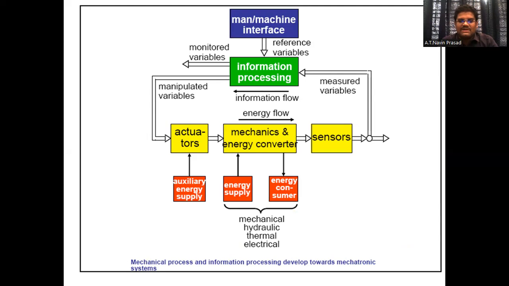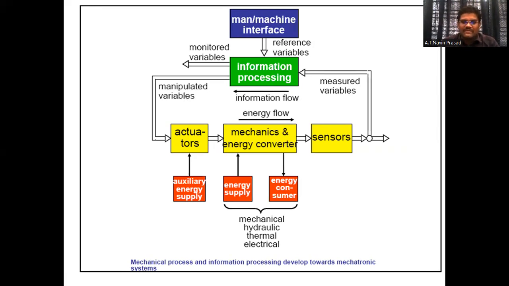This is one way the mechanical process and information processing developed towards mechatronic systems. Here we have a man or machine interface. The variables will be converted, and the signal will be monitored. For example, in information processing, we give some input.